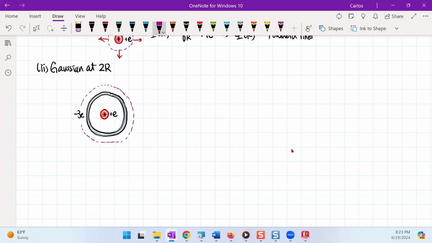So what do I see here? What I see is that my Q enclosed for 2R is minus 3e plus e, so this is now minus 2e. Therefore, the flux at 2R has to be proportional to this Q enclosed of 2R.